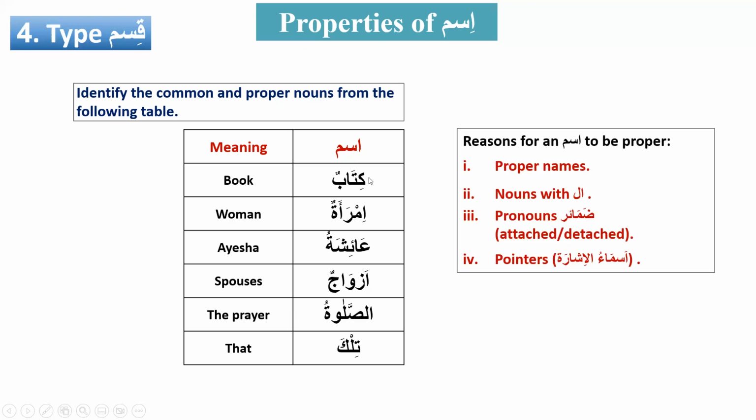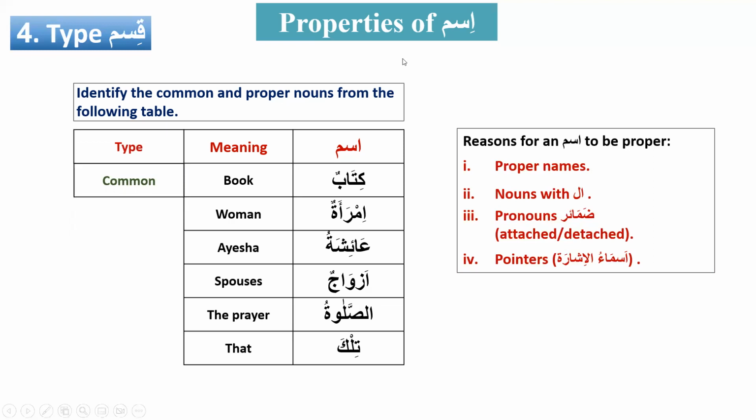No, it is not a pronoun. Is it one of the pointing words? Haza, hazihi, haulai, dhalika, tilka, ulaika. Is this one of those pointers? No, it is not. So that means it is not a proper ism. It's not a proper noun. It is a common noun. This is how we are going to process this.